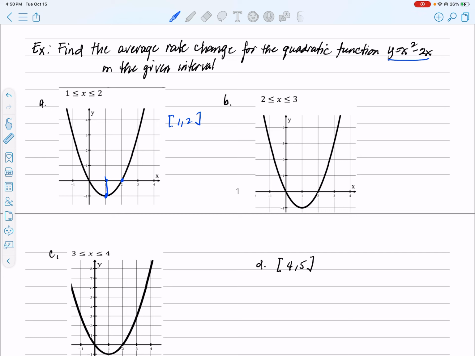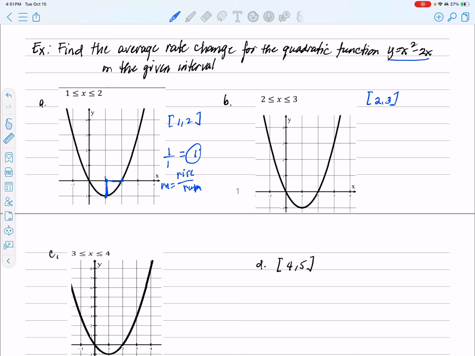So that means our average rate of change will be rise 1 and run 1, so the rate of change is 1. Rise over run. When you have a graph, you can use the rise over run for the slope, the rate of change. Next, 2 to 3, we can write that as a closed interval from 2 to 3.